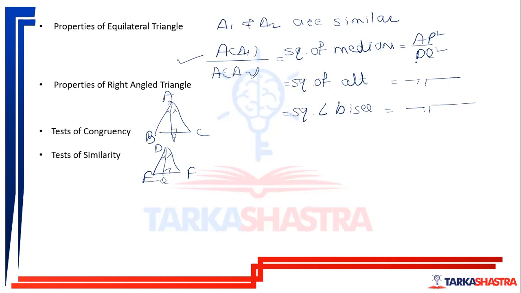Similarly, in the similar triangles, ratio of the medians is equal to the ratio of the altitudes.